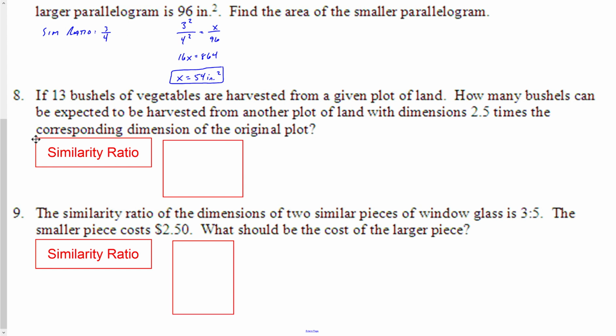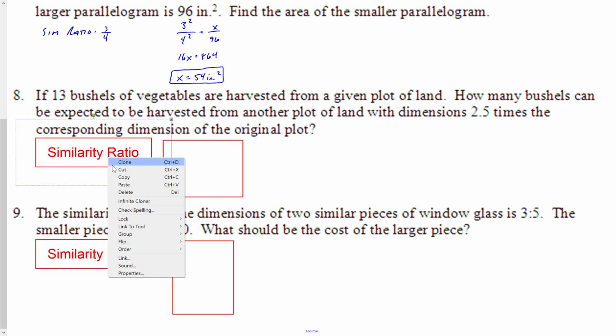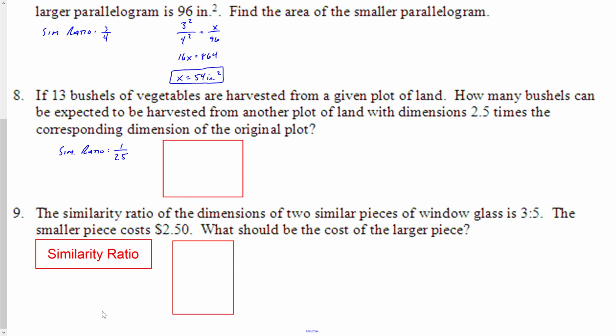If you're ever given values of how much larger than an original or how much smaller than an original a certain dimension is, that's actually giving you your similarity ratio. So here we have a similarity ratio of 1/2.5. Whatever the original one is, that's the 1 in the numerator, and then the denominator is the dimension, or how many times larger the dimension of the new plot is.